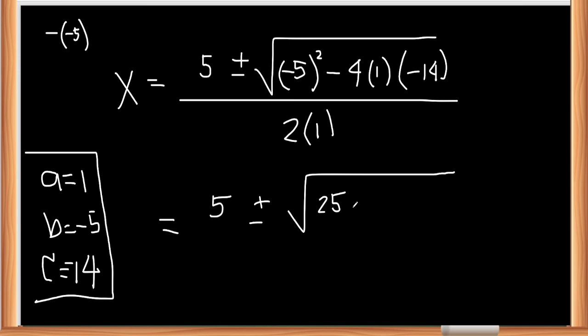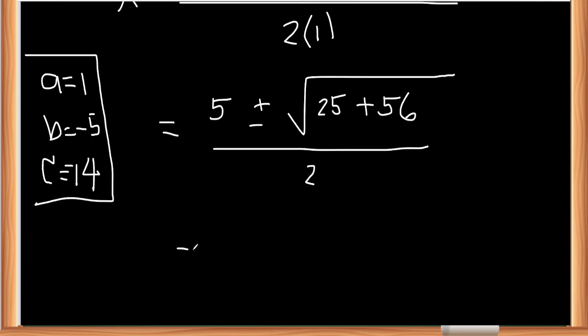Plus 56. Very good. Because negative 4 times 1 times negative 14 will become positive 56. All over 2, of course.